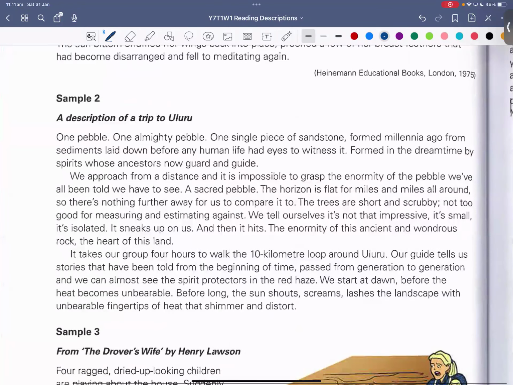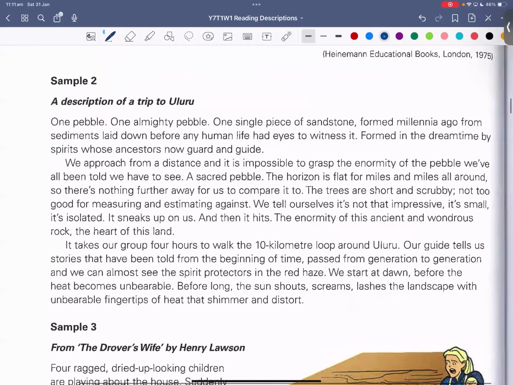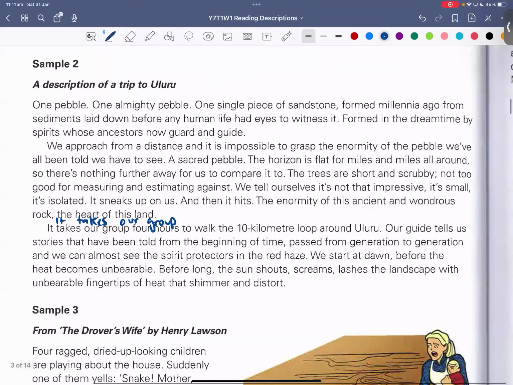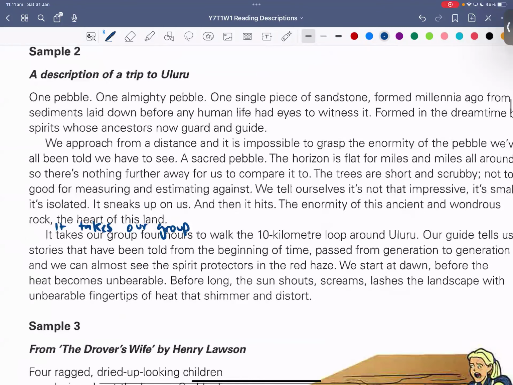Honestly, I'm going to use a sentence that someone mentioned before, which is, it takes our group 4 hours to walk. Can anyone tell me what mood this sentence creates? Tiring, great.